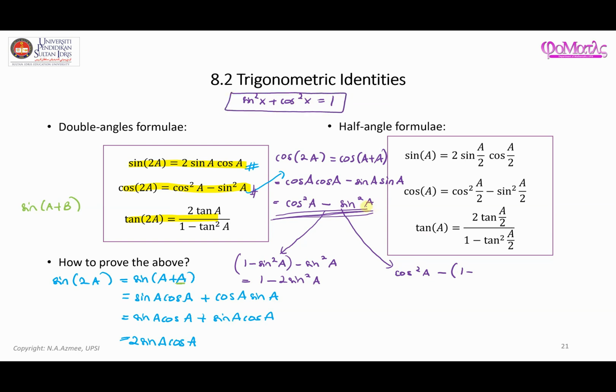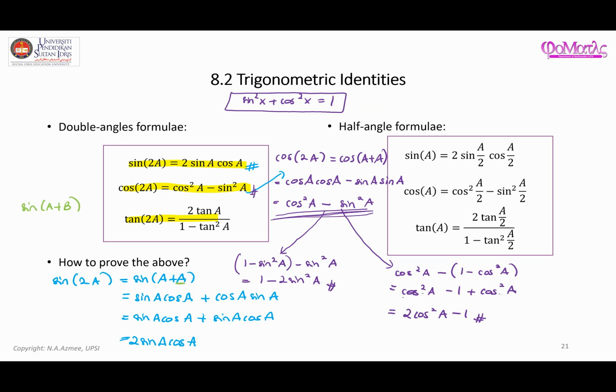So sine square A here can be replaced with 1 minus cos square A. So this becomes cos square A minus 1 plus cos square A, and this becomes cos square A plus cos square A. These are the same term, so it becomes 2 cos square A minus 1. So you can end up at another 2 different junctions here.